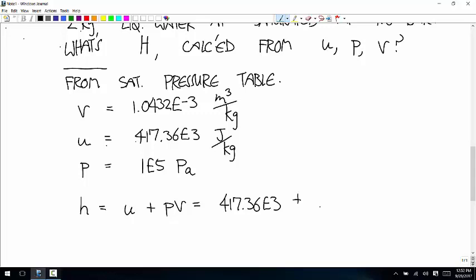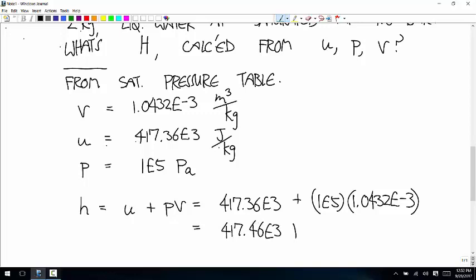Plus 1 times 10 to the 5th times 1.0432 times 10 to the minus 3rd. That second term ends up being really small in this case, and so we come up with a value of 417.46 times 10 to the 3rd joules. And if you look over at the column for enthalpy, that's what it says there.